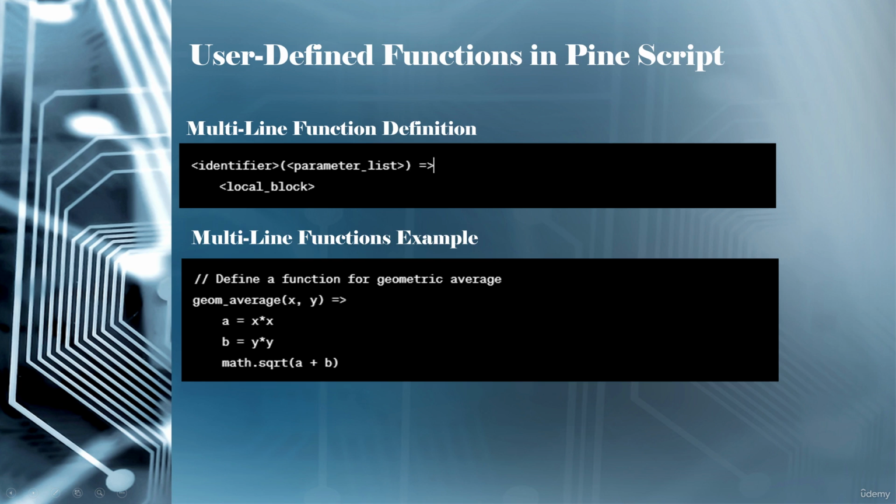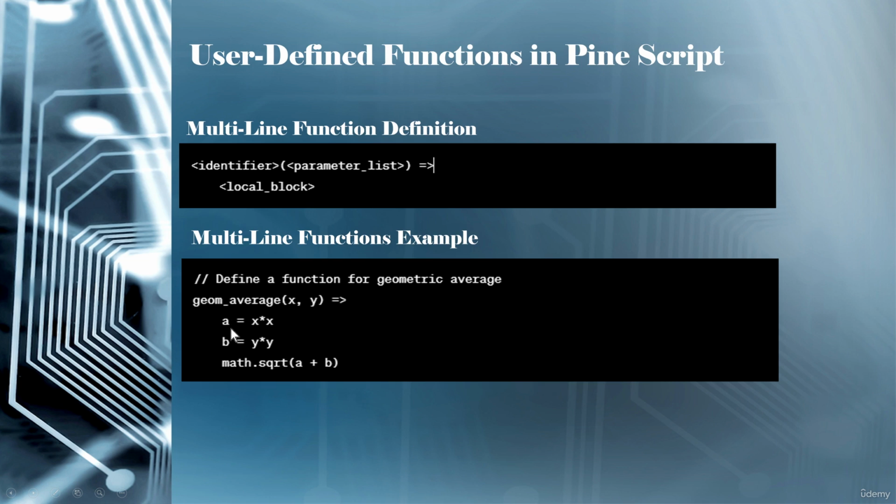Now, it's important to note scopes in PineScript related to functions. Variables outside functions belong to the global scope. Each function has its local scope. For example, in this function, these 3 lines are the function's local scope, and within this function we declare and initialize 2 local variables, a and b.